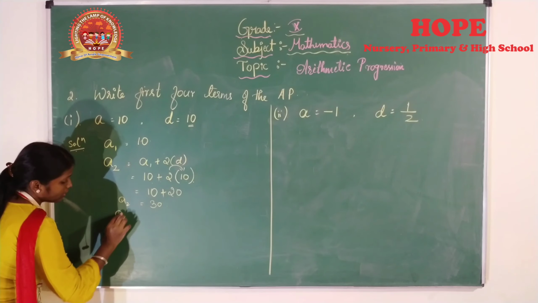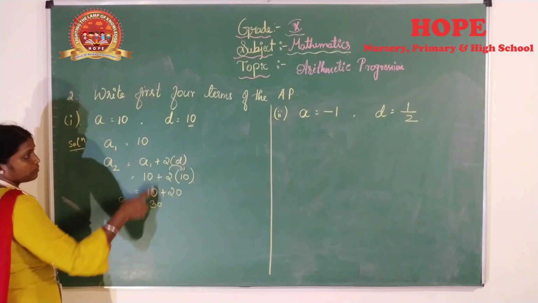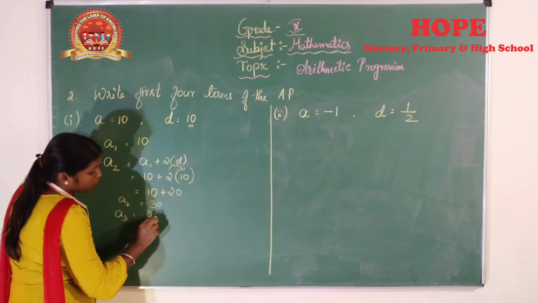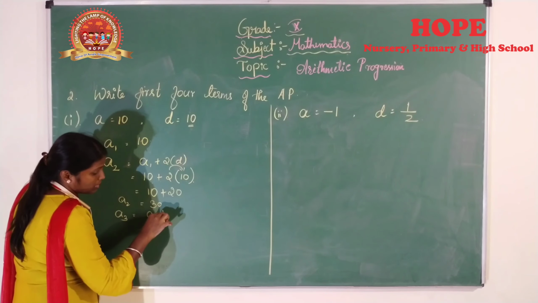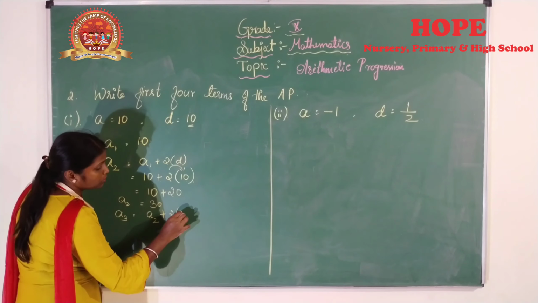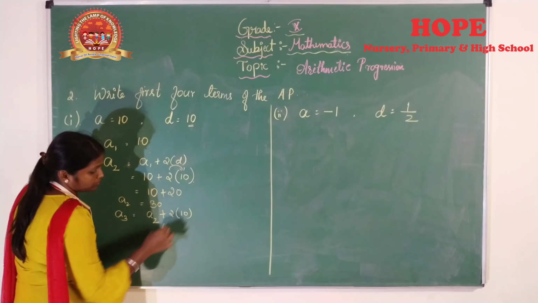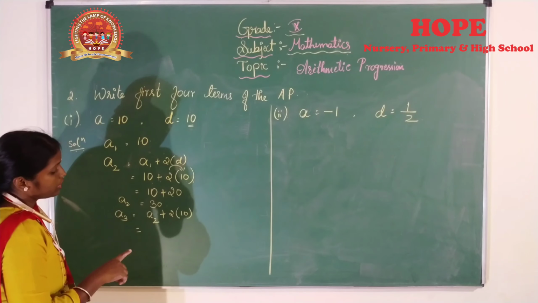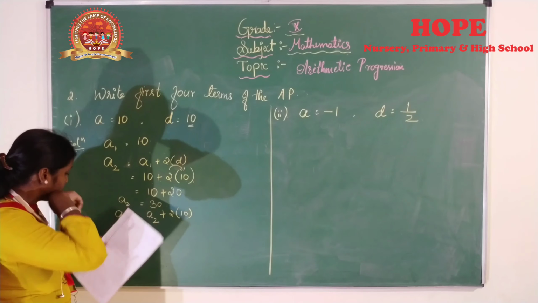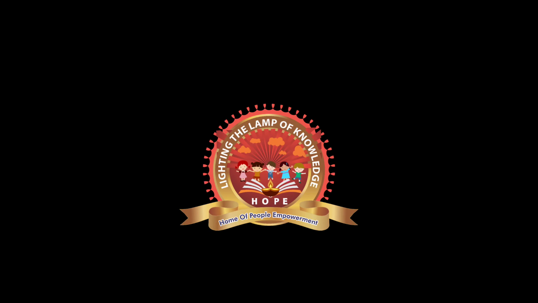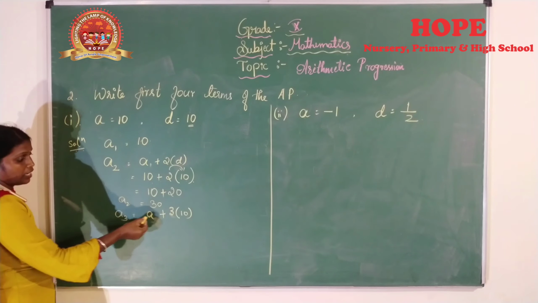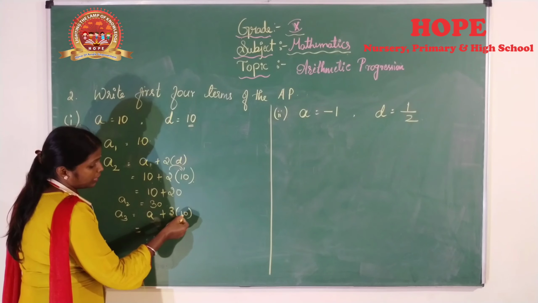Now we have to calculate A3. This is the first term, this is the second term, and the same thing we have to calculate for A3. For A3 it will be A2 plus 2 into 10. Okay, so to find out A3, again you have to take A plus 3 into 10.